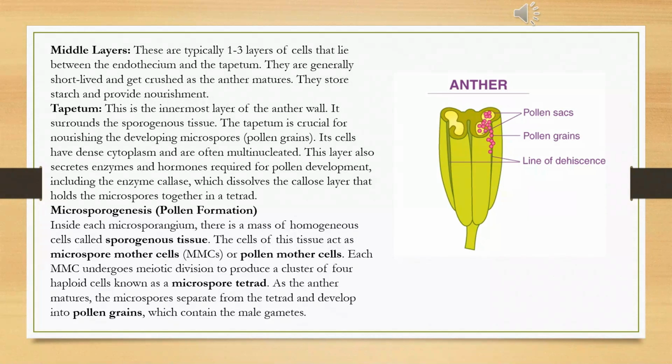Each microspore mother cell undergoes meiotic division to produce a cluster of four haploid cells known as a microspore tetrad. As the anther matures, the microspores separate from the tetrad and develop into pollen grains, which contain the male gametes.